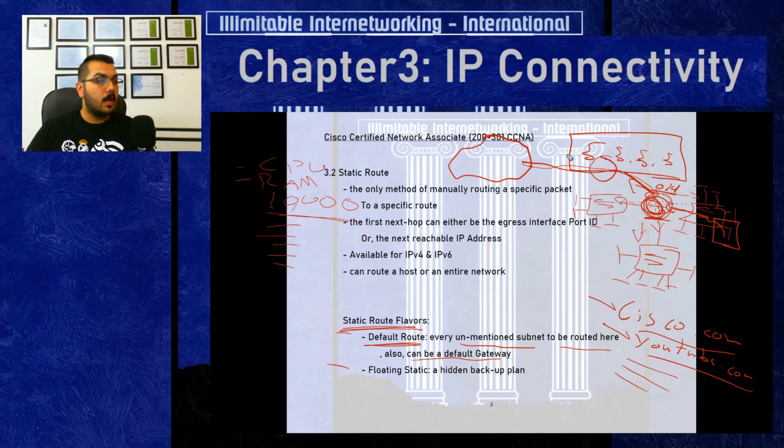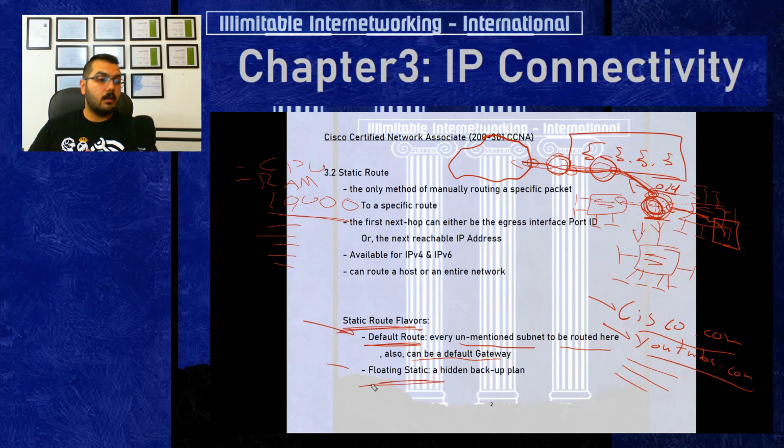After that, it will be the edge router of the service provider company that's giving me the internet, and after that the internet. So my gateway is the edge router of my company, my company's edge router's gateway will be the service provider edge router, and the service provider edge router's default gateway will be the internet itself. This is the concept of a default route.